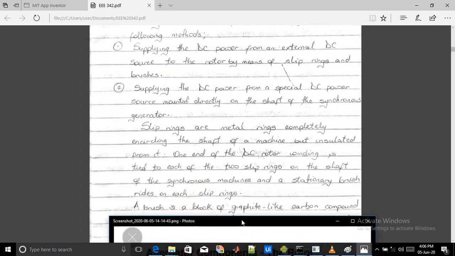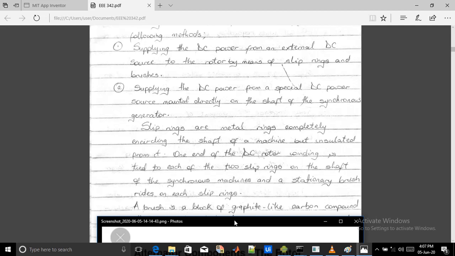From the explanation here, it says the DC rotor winding is tied to each of the slip rings. So one slip ring is a connector, like a wire to the rotor winding.